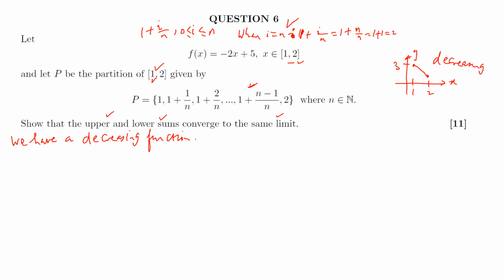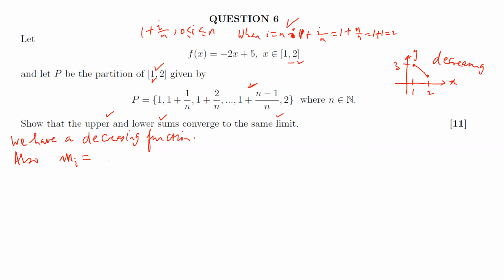Right, full stop. Having a decreasing function, since this function is decreasing, it means two things. For a decreasing function, you have the infimum and you have the supremum.